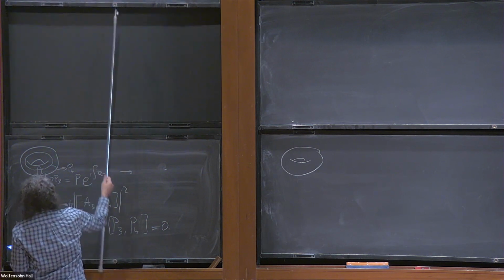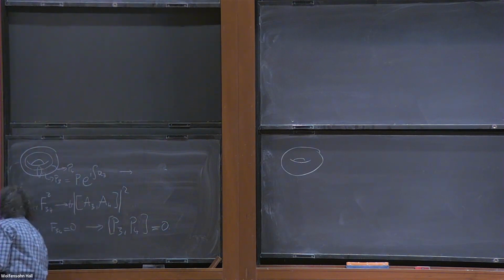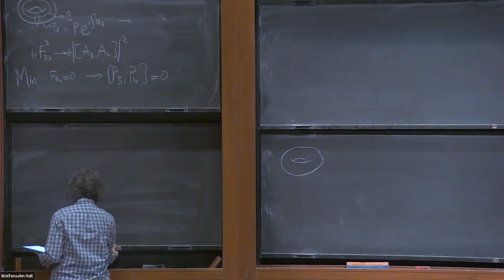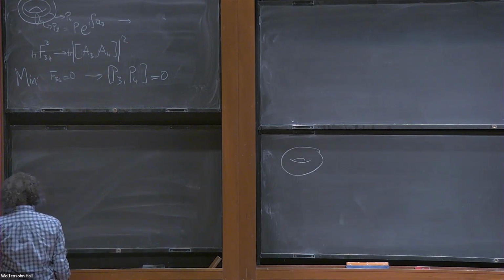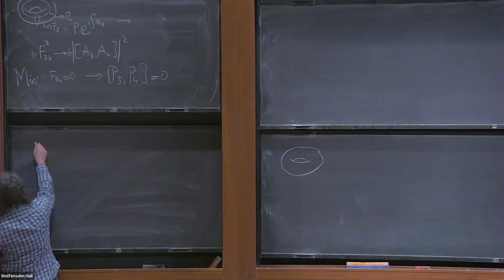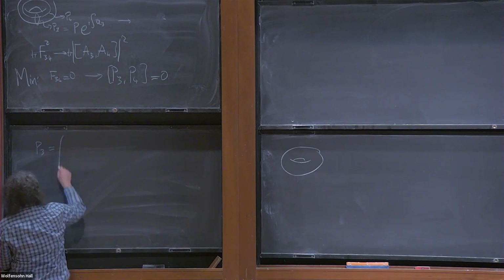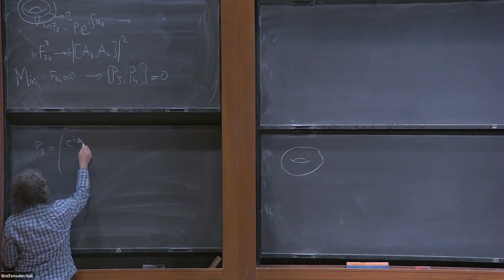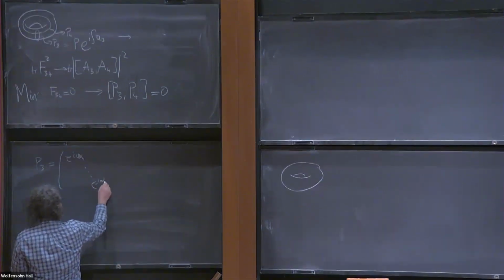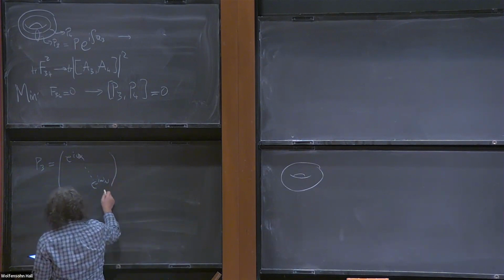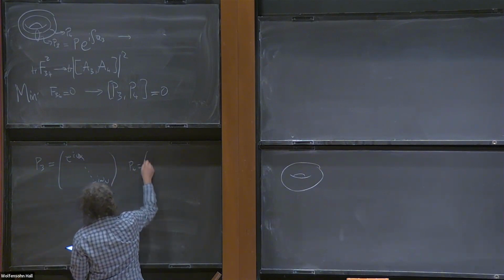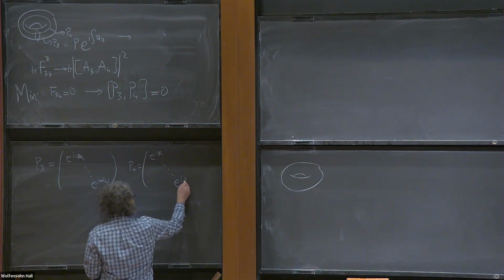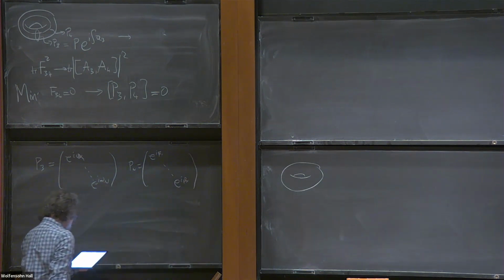So essentially P3 is equal to diag(e^{i alpha_1}, ..., e^{i alpha_N}), some set of angles. And for P4, let me call it e^{i beta_1}, ..., e^{i beta_N}. Not that important anyway.